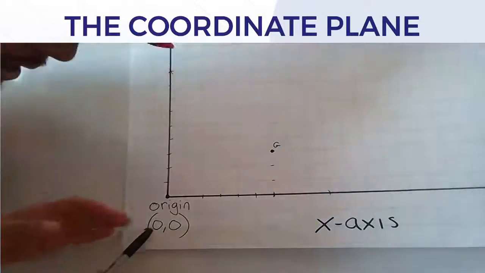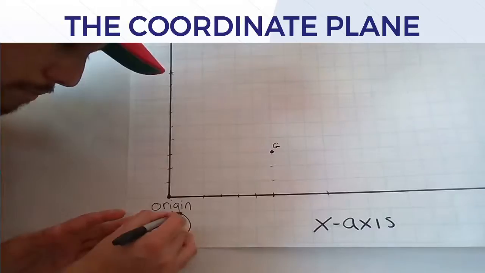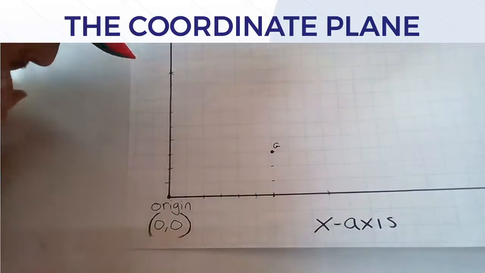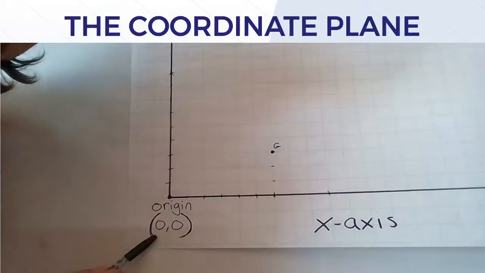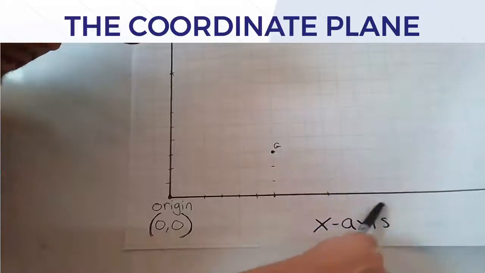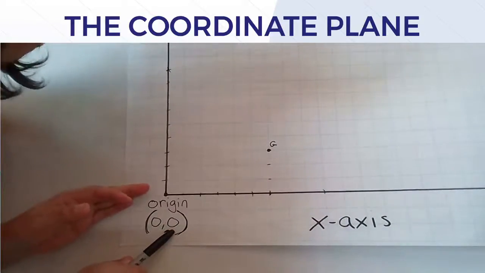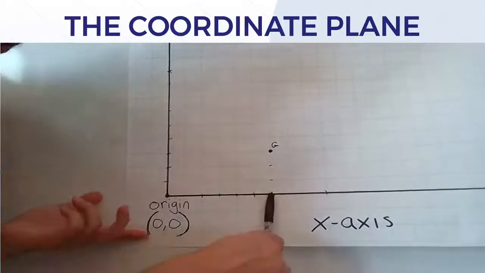So what we're going to do, these 2 numbers here, these are called ordered pairs. Our pair of coordinates tell us how far, what distance to travel along the x-axis, what distance to travel to the right, and then what distance to travel up. So for this one, how many blocks did we travel sideways?